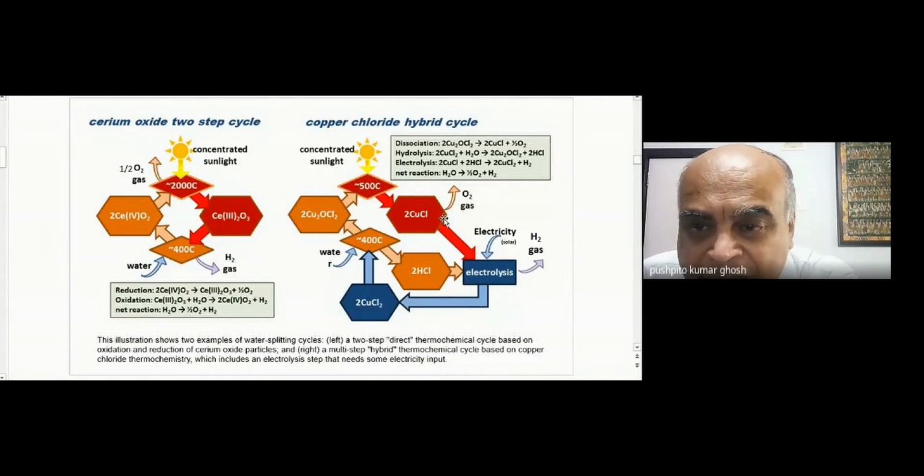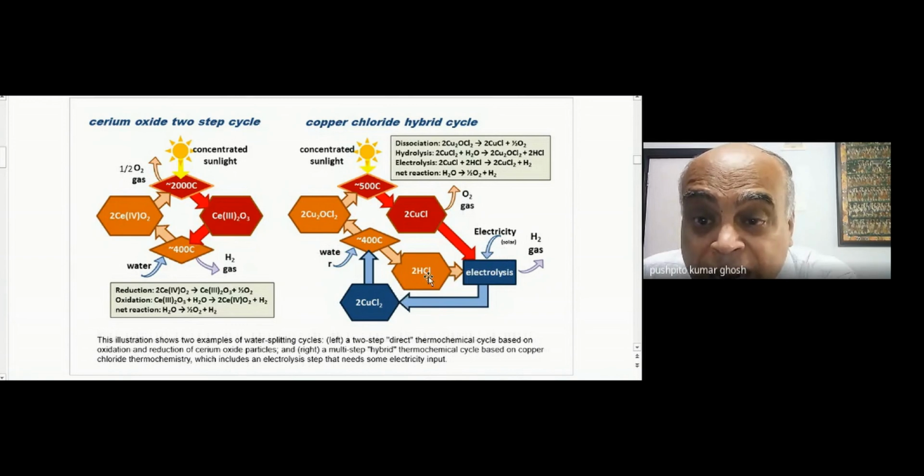In the process, when they're doing the electrolysis, they're converting CuCl back into CuCl2. And at the cathode, H plus is becoming H2. Okay, so that's how they're getting their hydrogen.